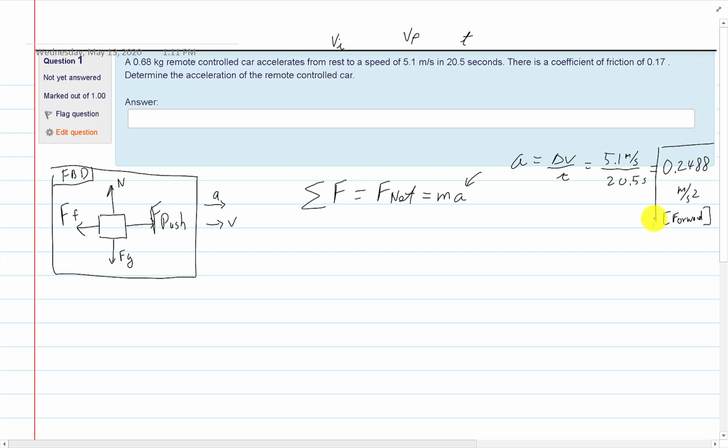What is the net force then? F net is equal to ma. The mass is 0.68 kg times the acceleration that we just got.